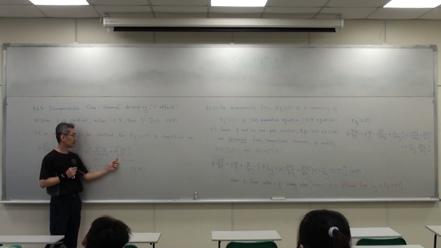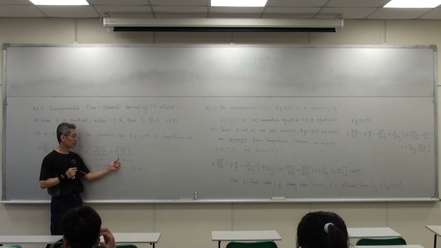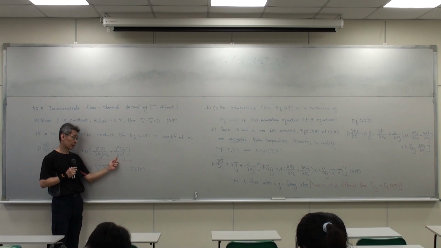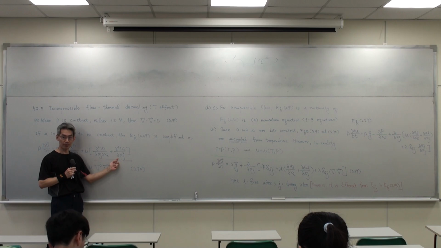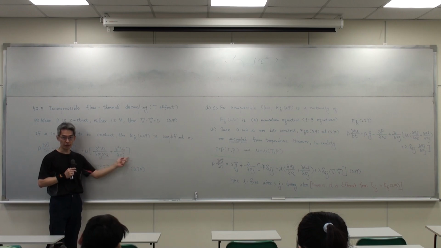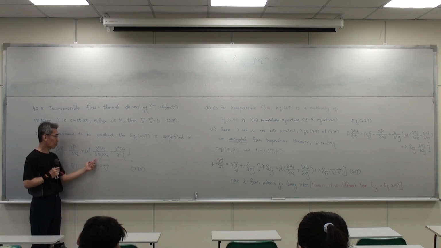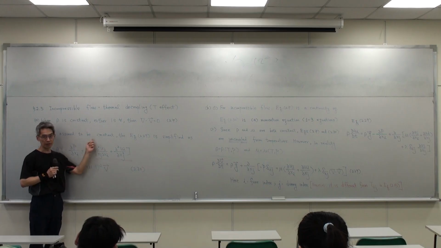But this term is a dummy index, so we will have the second derivative with respect to x, the second derivative with respect to y, and the second derivative with respect to z. It's only this term. But how come this term is here?